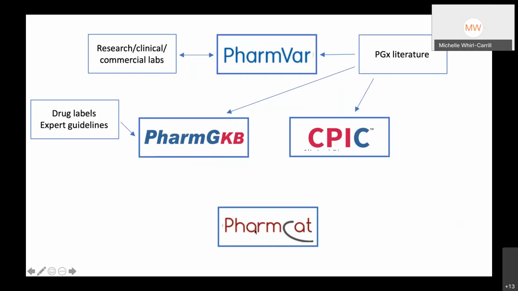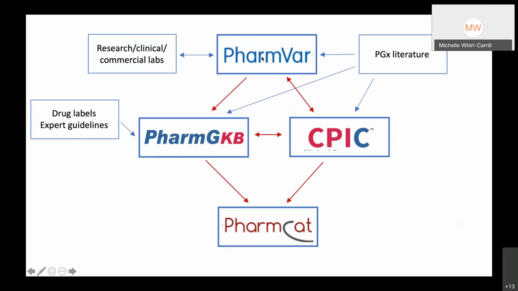And remember, PharmCAT is a tool that basically takes information from these different resources and puts them together and allows you to take one person's information, one person you care about at a time, and come out with what you could do based on these resources for that particular patient.